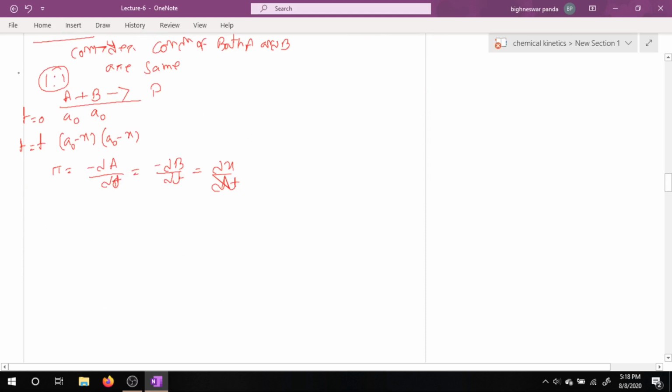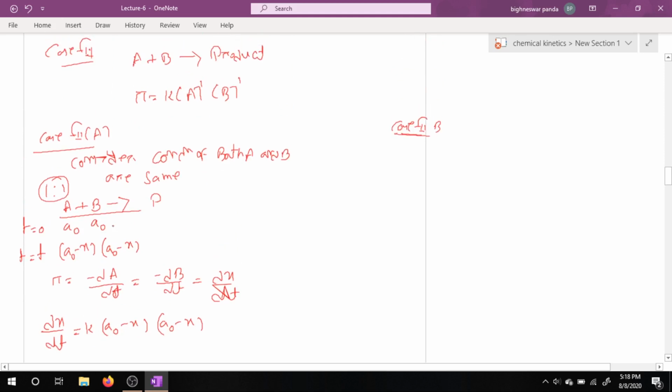I can write here dx by dt equal to k into A naught minus x, into A naught minus x, because R is equal to k into A into B. A has change in concentration A naught minus x, and B has change in concentration A naught minus x.